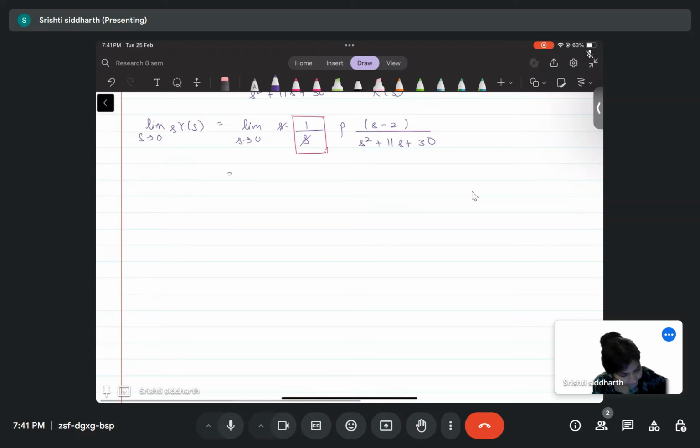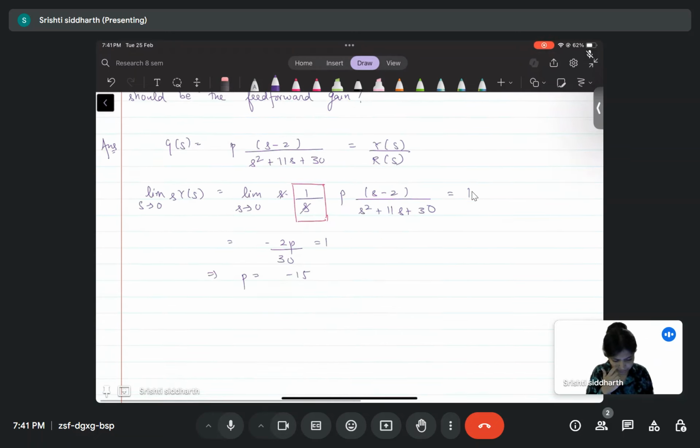This should be equal to 1. So we have minus 2P upon 30 should be equal to 1, which implies that the feed forward gain should be minus 15. Alright, so I hope that this question was clear to you.